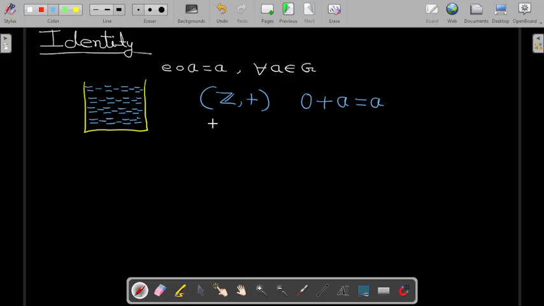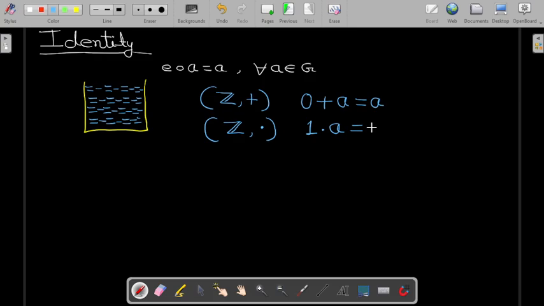Let's take the set of all integers with respect to multiplication. Here the identity would be 1, because if you multiply 1 with any element A, you would get that element. But this wouldn't form a group.